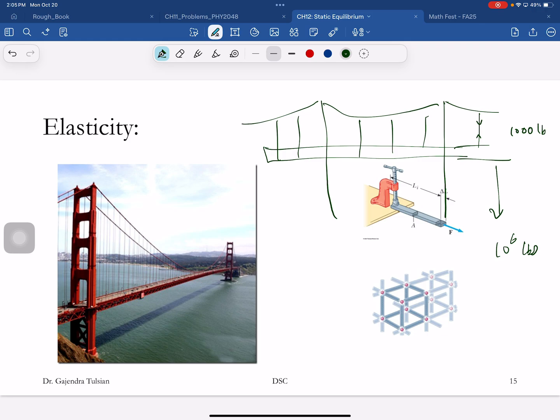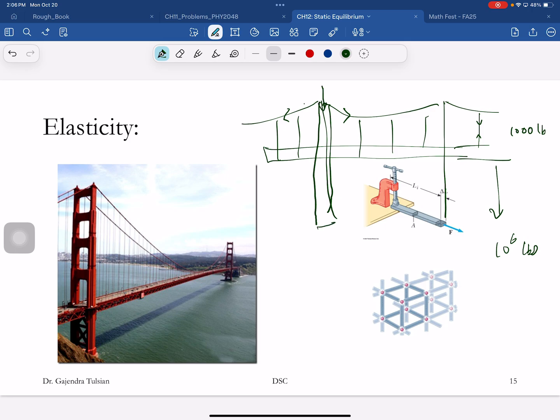Okay, so the cable is under a tension of 1,000 pounds, and so the cable is actually stretching. So what I've drawn here is the cable is stretched and it's pulling on the rod with a force of 1,000 pounds, and it's pulling on this cable with a force of 1,000 pounds. All these guys are pulling down on this cable. Okay. So all these forces end up pulling this cable like that, which is pushing down on the structure.